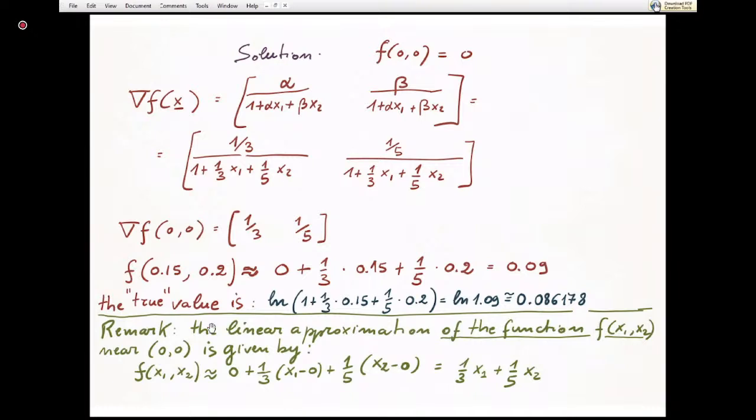Clear? Well, the true value of the function, or if you like, the true value of the increment, because the initial value is 0, this is a very simple case. You can compute this by a pocket calculator, and this is the log of 1.09, 0.086. Okay, so this is the linear approximation, and this is the true value. The linear approximation slightly overestimates the true value for a simple reason, because this is a concave function.